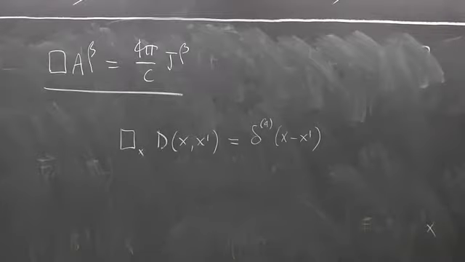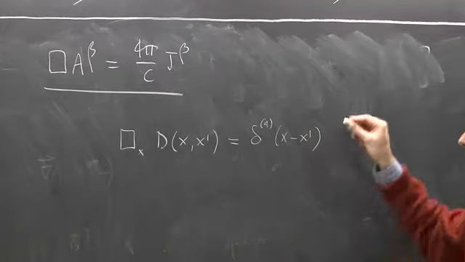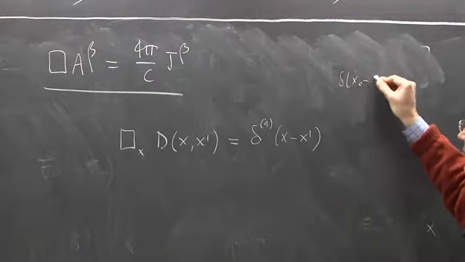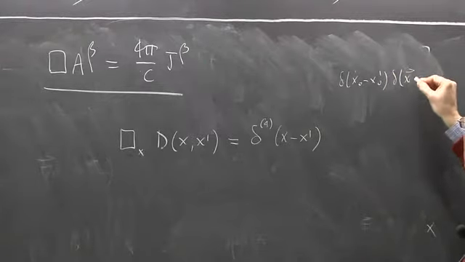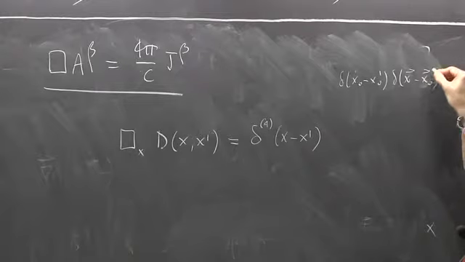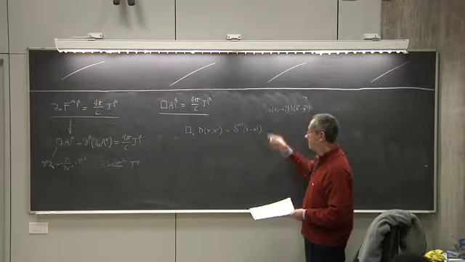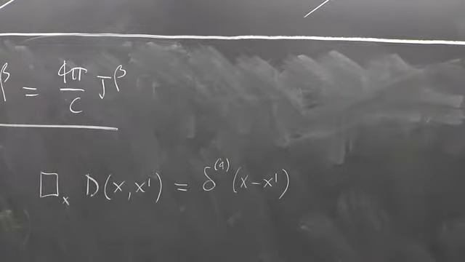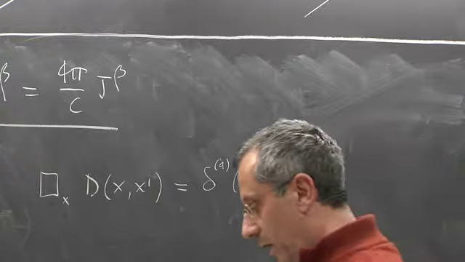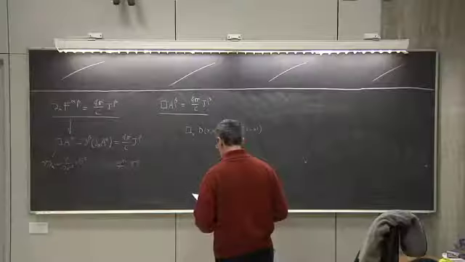And it's just like we had before, but now it's the full 4-dimensional delta function. So it is d4 of x vector minus x prime vector, where this is time and this is the 3 spatial coordinates. Okay, so this is the 4-dimensional delta function or Dirac function.